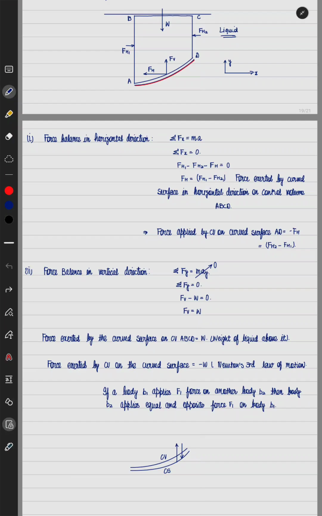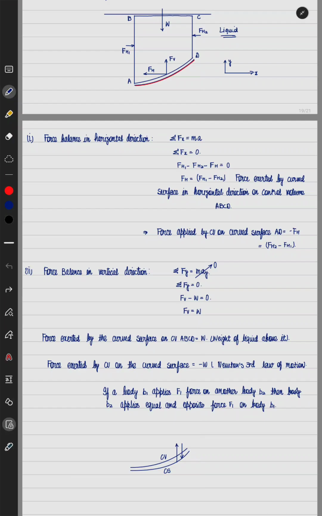The horizontal force acting on the curved surface is given by Fh1 minus Fh2, where Fh1 is the force exerted on the surface AB extended perpendicular to the sheet on which I am writing, and on CD the force exerted is Fh2.